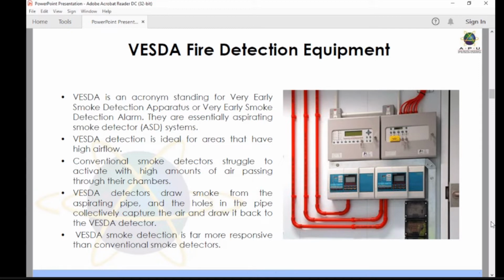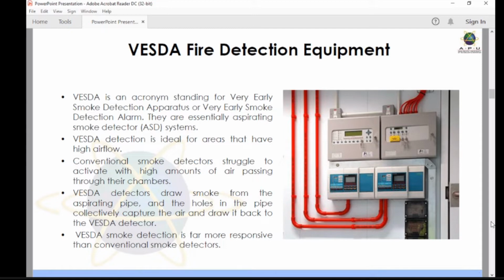VESDA detectors draw smoke from the aspirating pipes, and the holes in the pipe collectively capture the air and draw it back to the VESDA detector. So you have these VESDA detectors, you can see pipes are connected, okay. It will continuously take the air sample from the space, okay, and then it will check for smoke.